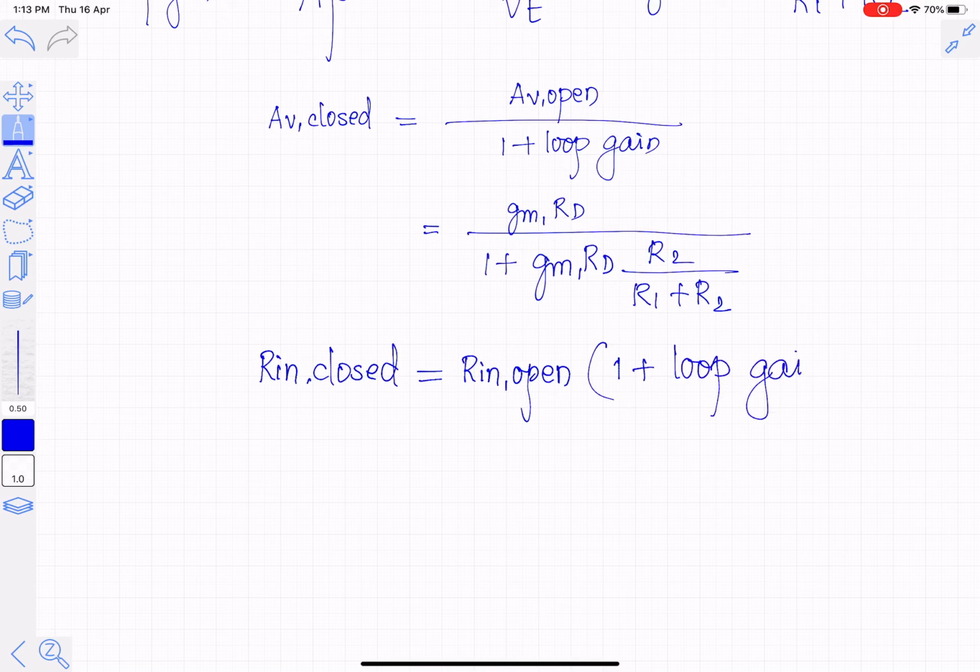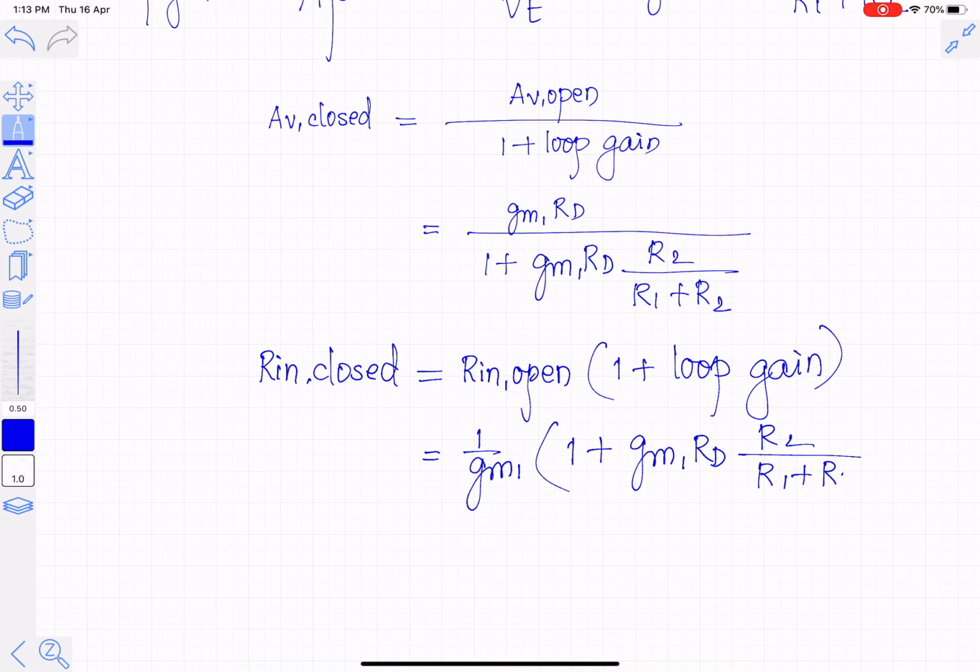Remember that feedback always takes the input and output impedances in ideal directions. R in open is 1 by GM1, very small, but it will be multiplied by 1 plus GM1 into RD into R2 divided by R1 plus R2. So input impedance will increase.